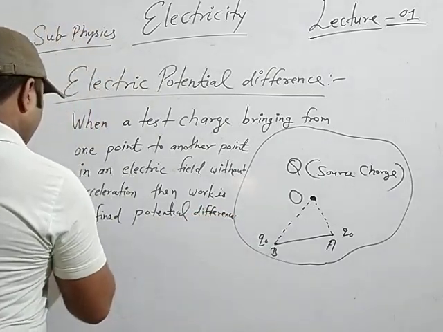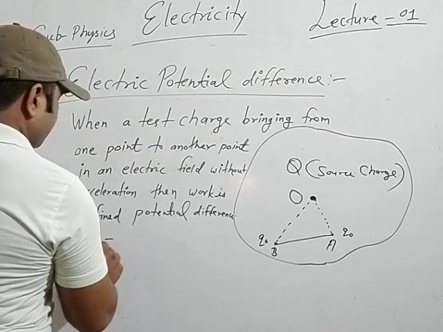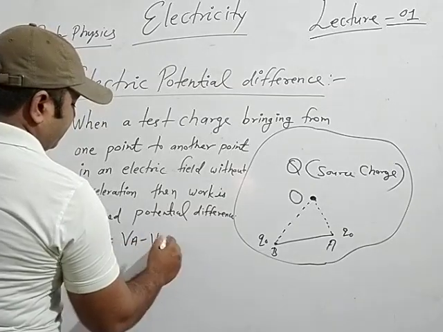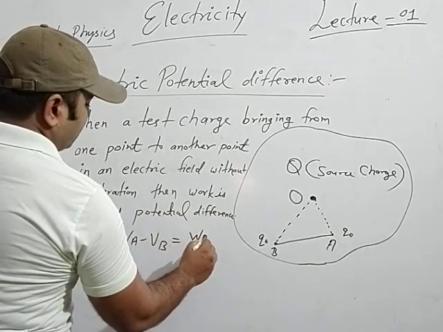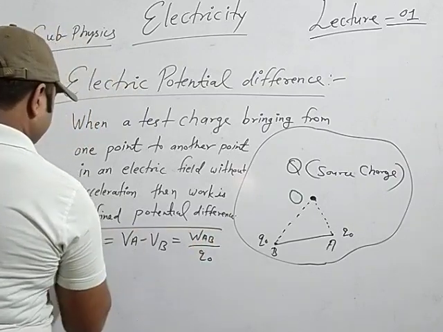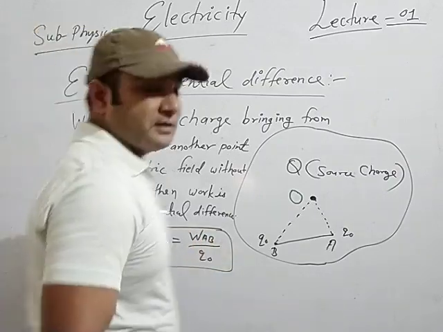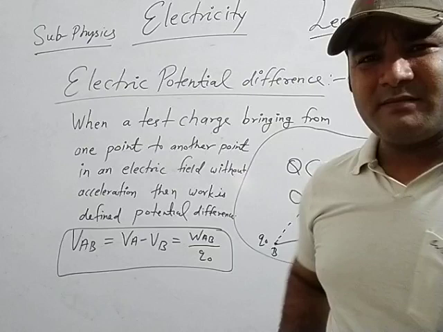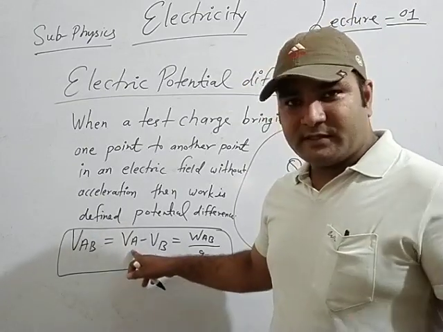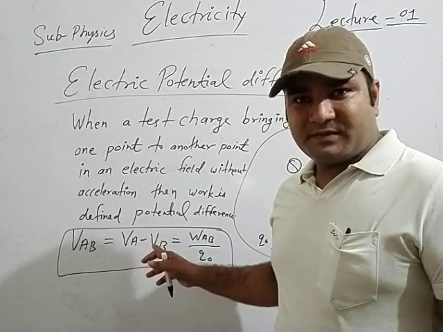Let's see, VAB is equal to VA minus VB, and this one equal to what? WAB upon Q naught. Simple. Only the concept of difference. Here VA minus VB. Between potential at point A, if greater, then VB will subtracted.